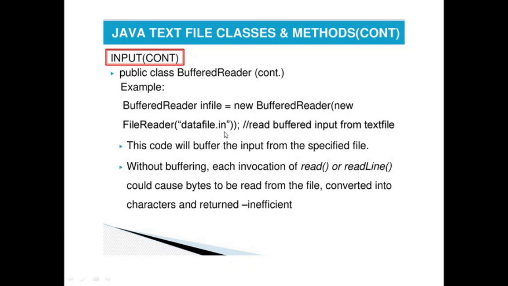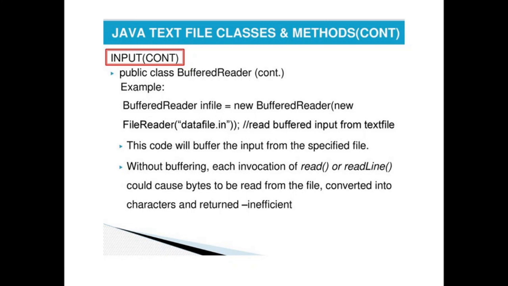What will this do? This will make a temporary object of the FileReader class, and it will provide datafile.in, that is the name of the file. This temporary object will be passed as an argument to the BufferedReader constructor, and inFile will then point to datafile.in.